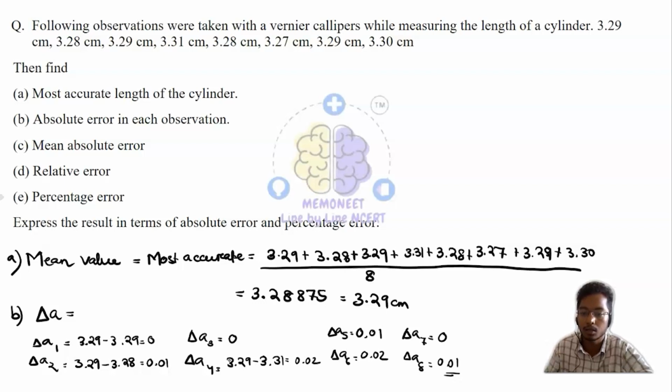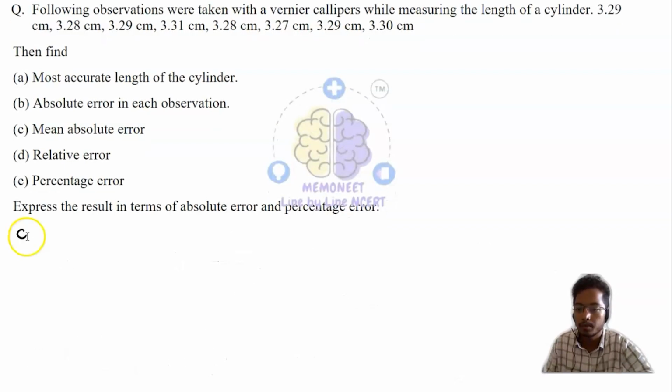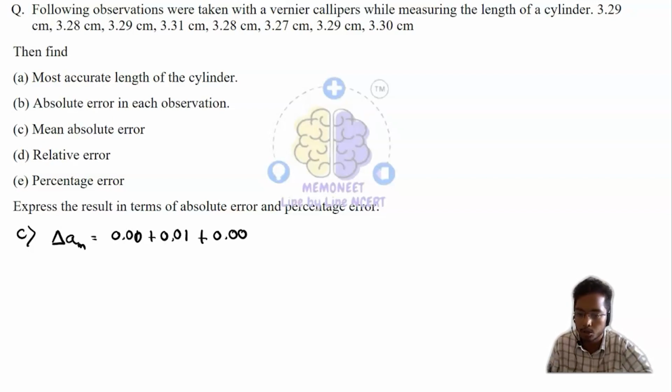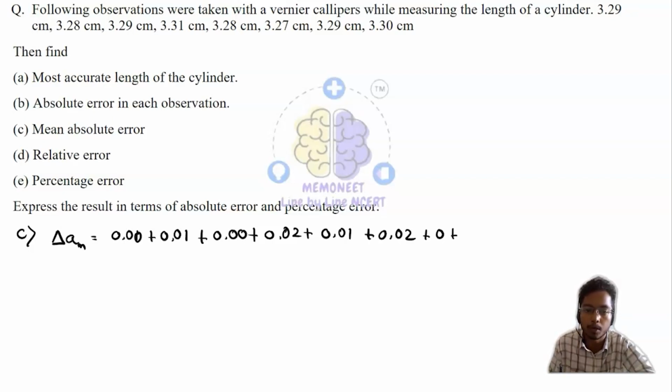So these are the absolute errors. Now the mean absolute error, let's say del A. In the first, we have 0.00 plus, in the second 0.01, in the third 0.00, in the fourth 0.02 plus, in the fifth 0.01, plus 0.02 plus 0 plus 0.01.